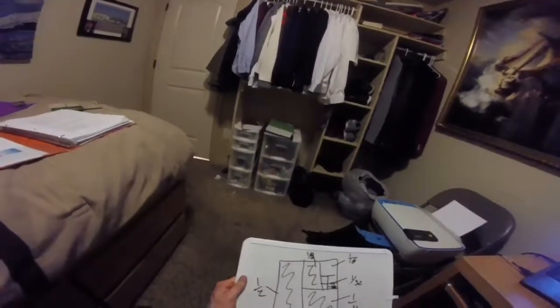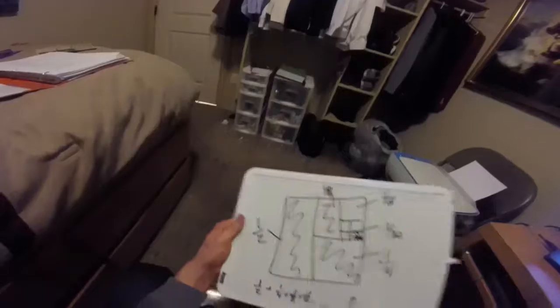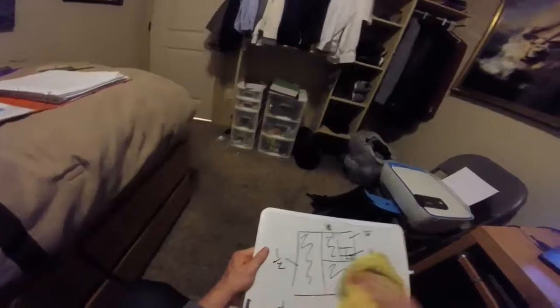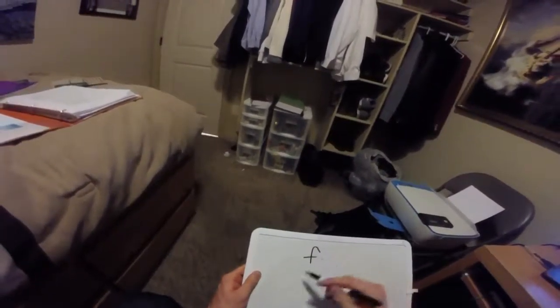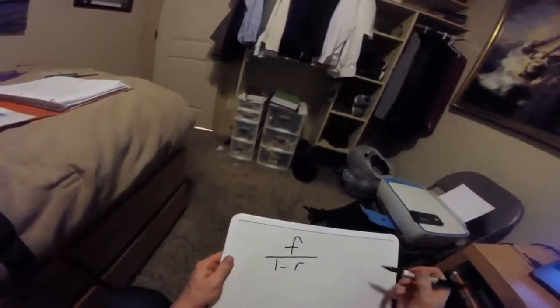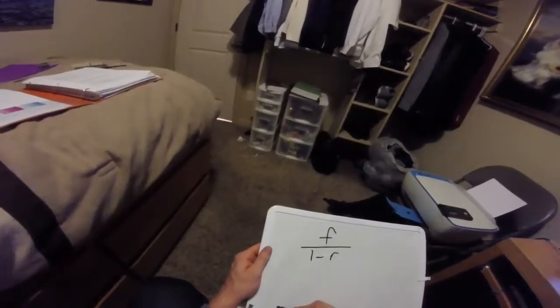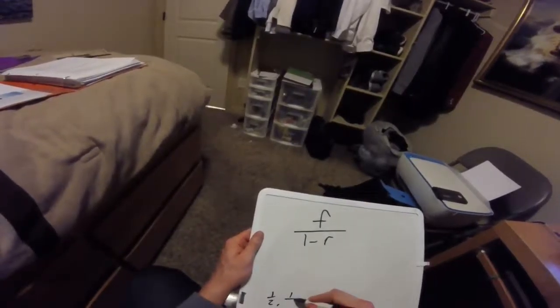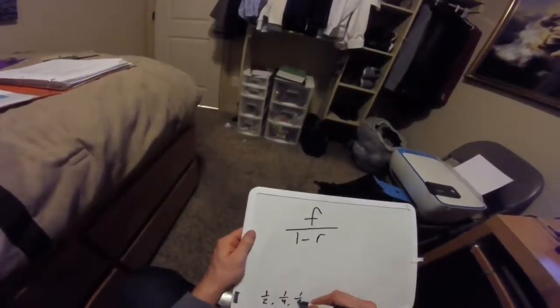Now there is an equation for finding what it's eventually going to amount to. The equation is as thus: the first term divided by 1 minus the rate. So before we had 1/2, 1/4, 1/8.